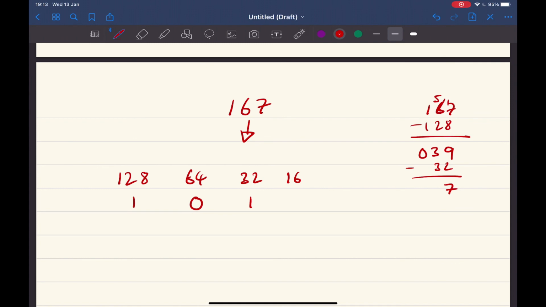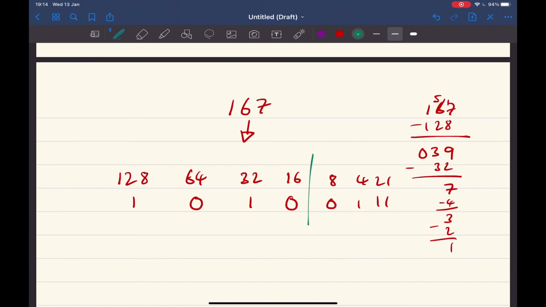We know 16 doesn't fit into 7. We've then got 8, 4, 2 and 1. 8 doesn't fit into 7, so we put a 0. 4 does, so we put a 1. Minus 4 is 3. 2 fits into that, so we put a 1. Minus 2 is 1. 1 fits into that. And you'll see that this number here is 167 in binary.